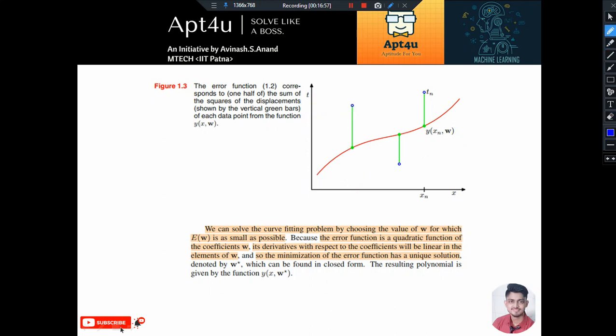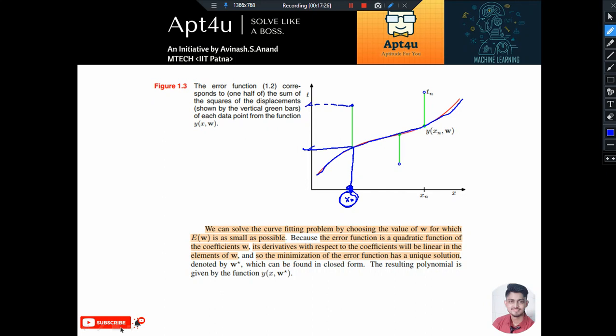It means that for the value of x being this point, suppose x0, for this value of x, the actual value is this. But the model came up with this curve. So if I find out the predicted value of x0, when you feed it into this function, you get this value.